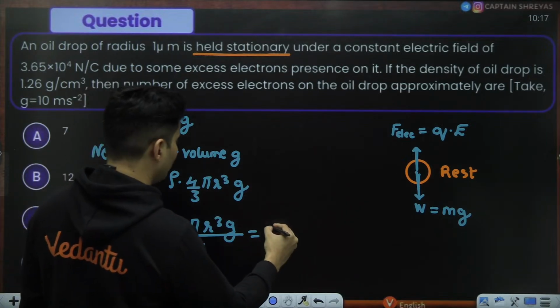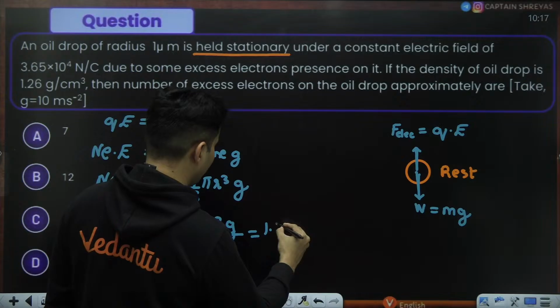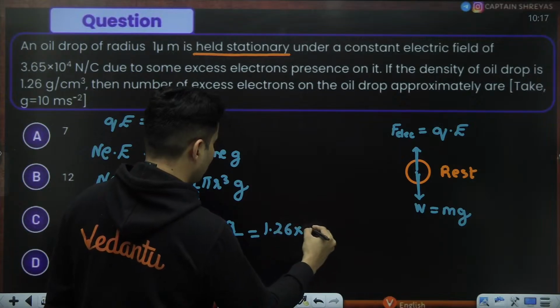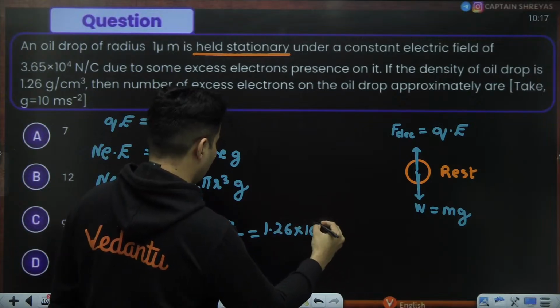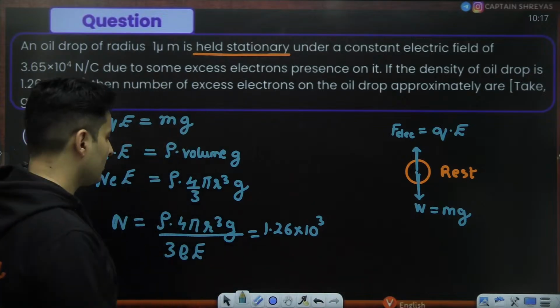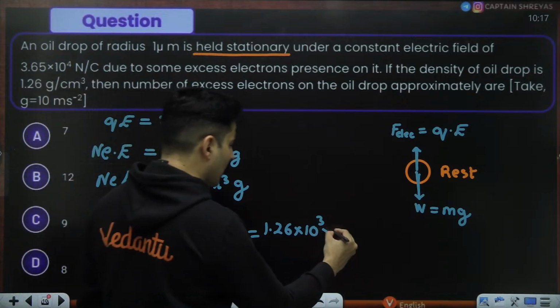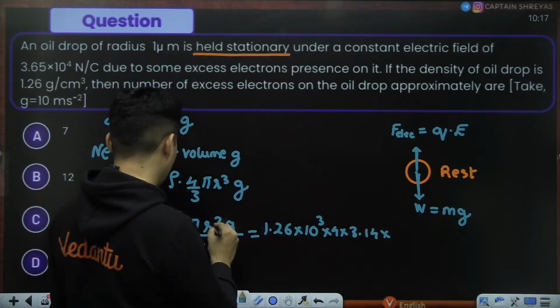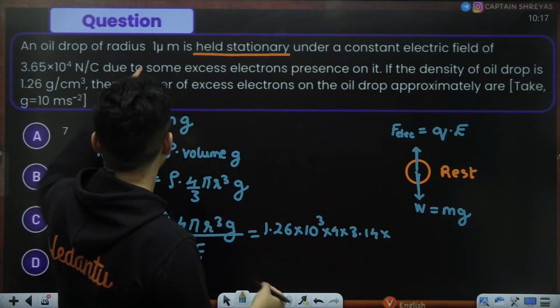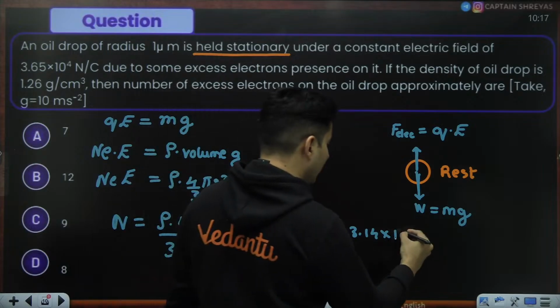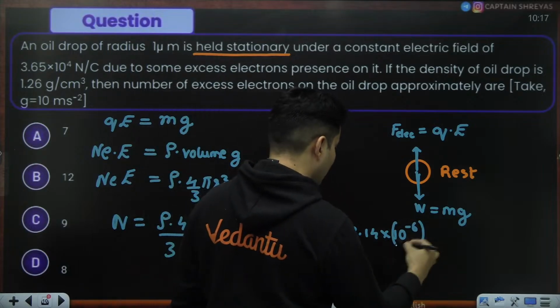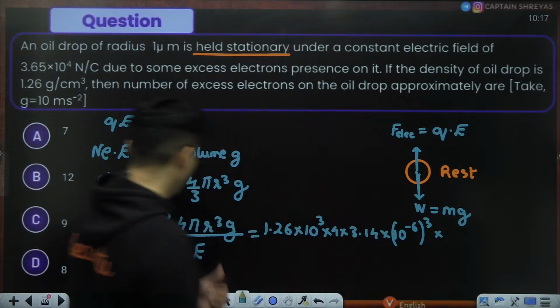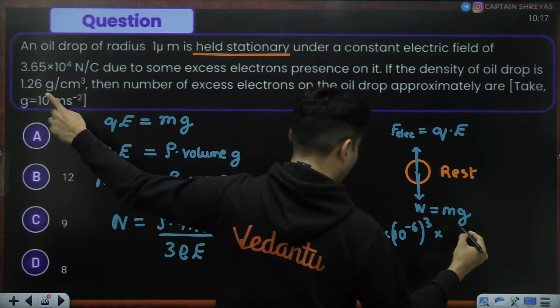Density is 1.26, but that is gram per cc. So 1.26 into 10 to the power 3, right? This will be 10 to the power 3 multiplied by 4 multiplied by 3.14 multiplied by r cube. So this is 1 micrometer, so 10 to the power minus 6 whole cube multiplied by g. g is nothing but 10.